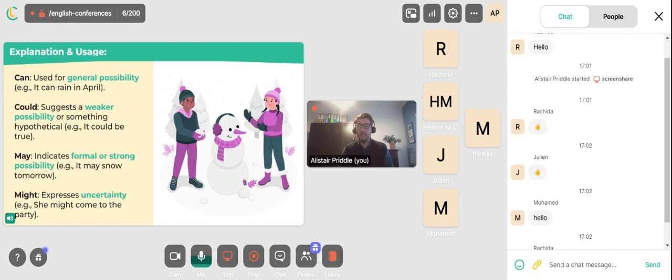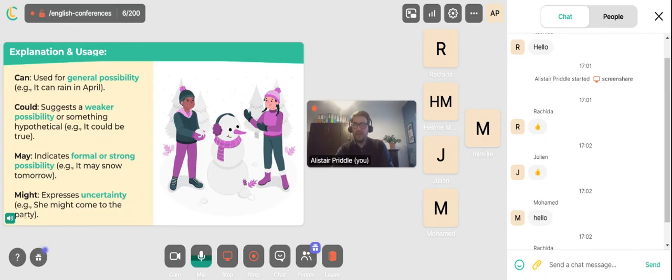For example, it may snow tomorrow. It's a strong possibility. And might, expresses uncertainty. For example, she might come to the party. It's uncertain. Okay, so there we go.